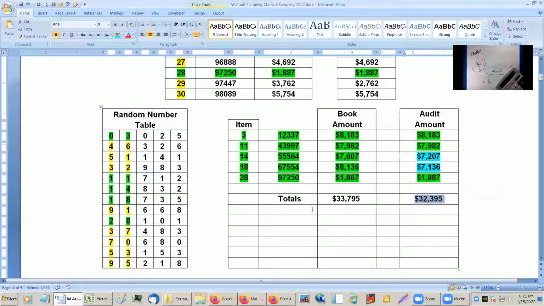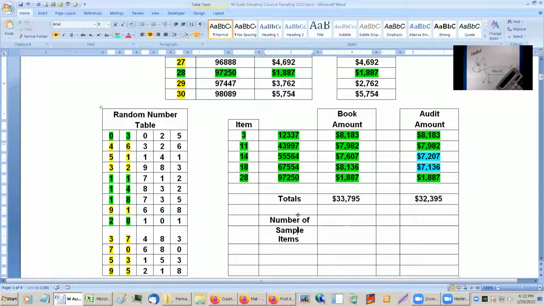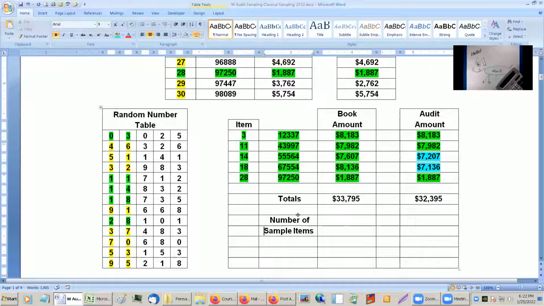Yeah. Okay. All right, and so we're going to divide it by the number of items, which is 5. And this will give us our averages.